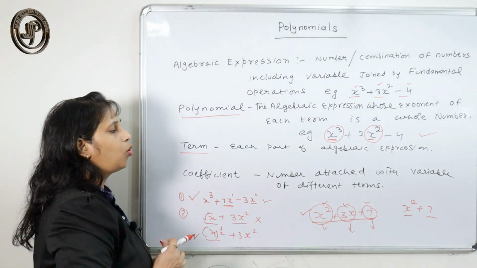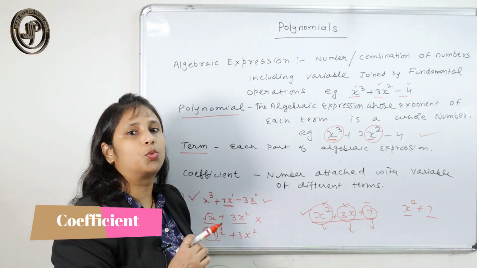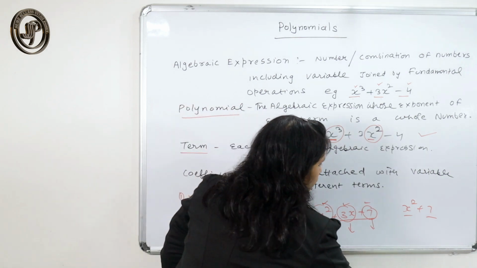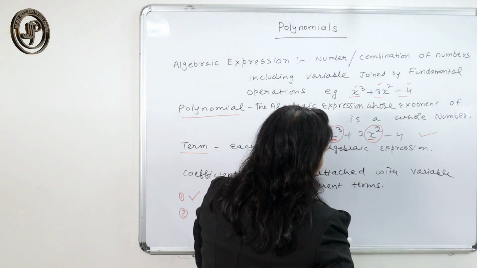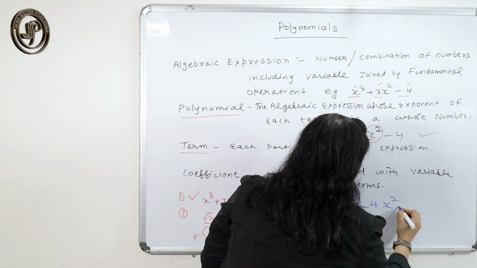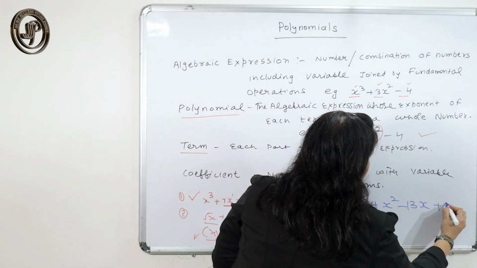And what is the coefficient? Coefficient means the number attached with the variable in the different terms. That is what is called the coefficient. Meaning, if I write 3x cube minus 4x square minus 13x plus 4.